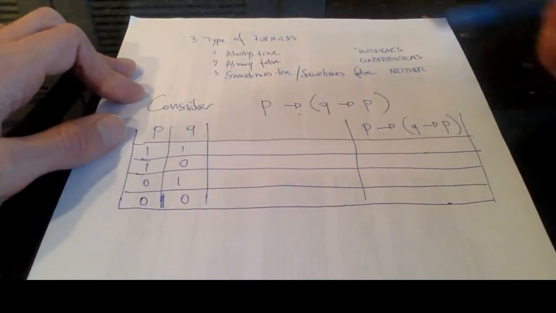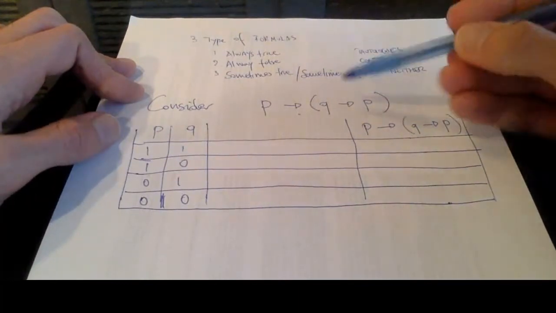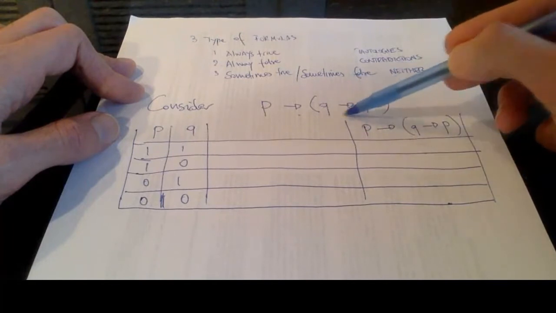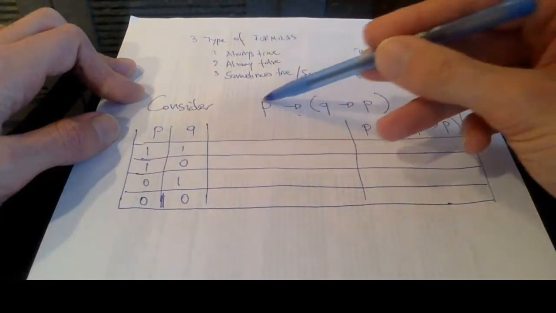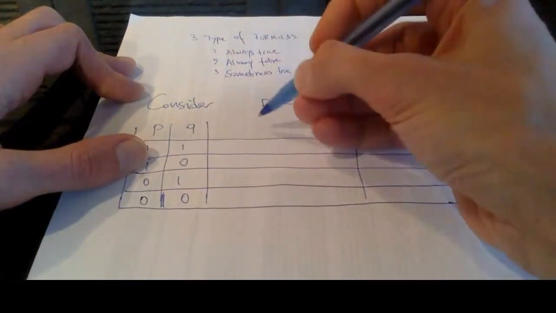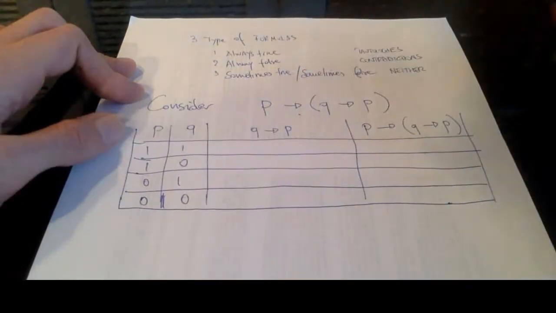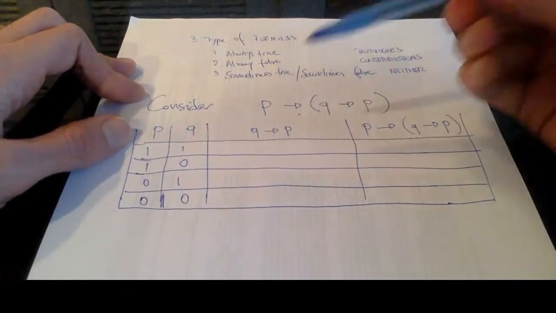But in order to get here, it might be good, just for clarity, to get the truth value of this formula that is a little bit more complex than this formula here. So we write here Q implies P. So we need to evaluate that one first.